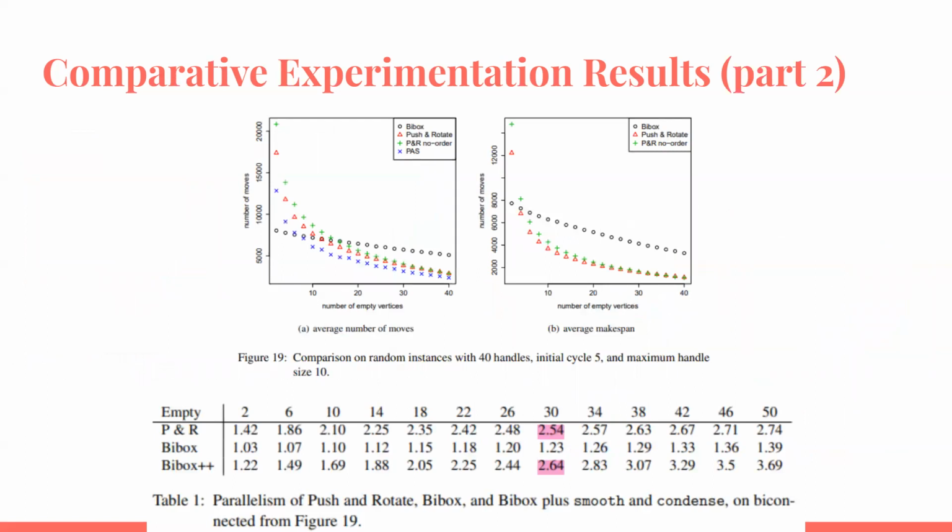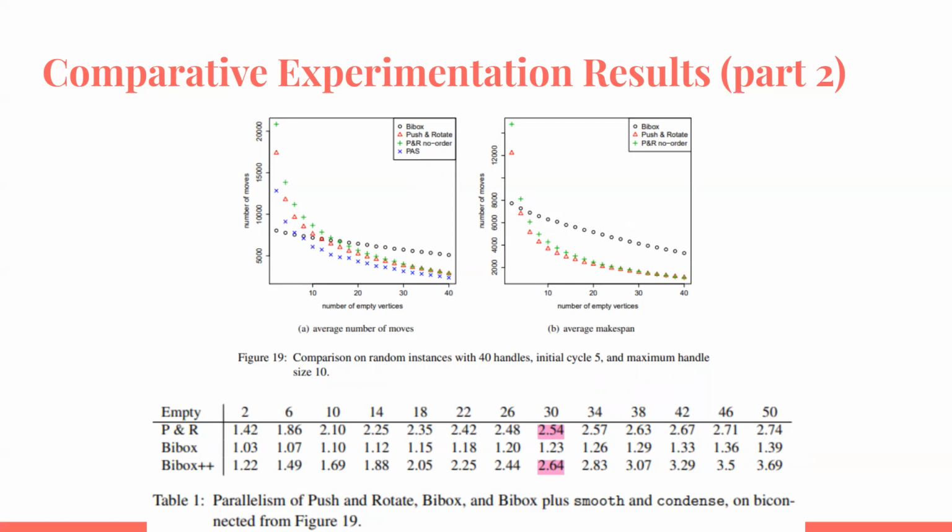Next, we'll take a look at some random instances with handles. And I know I didn't define that term earlier, but it's a BiBox term. It refers to how BiBox solves it its way.